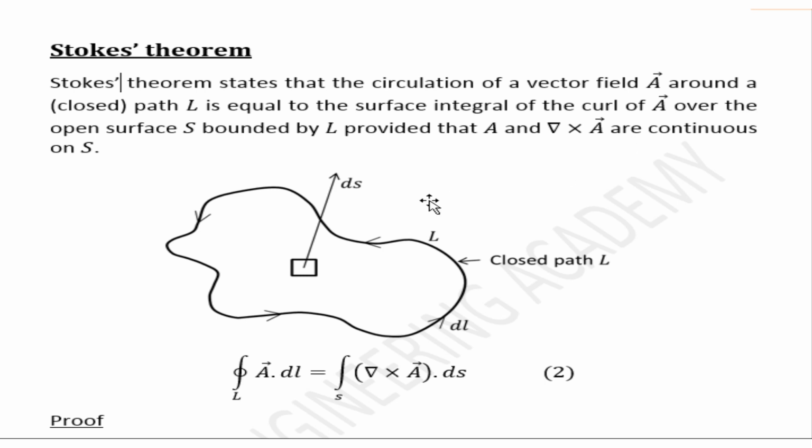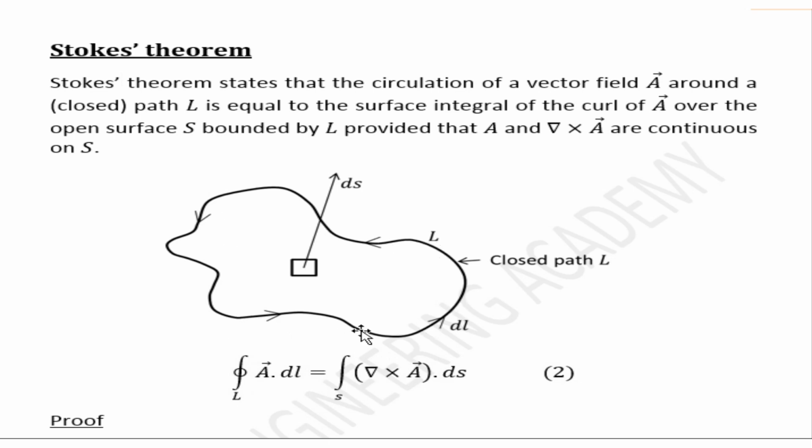So what does the theorem state? The circulation of a vector field around a closed path is equal to the surface integral of the curl of A over the open surface. So here it is relating a surface integral and a line integral.